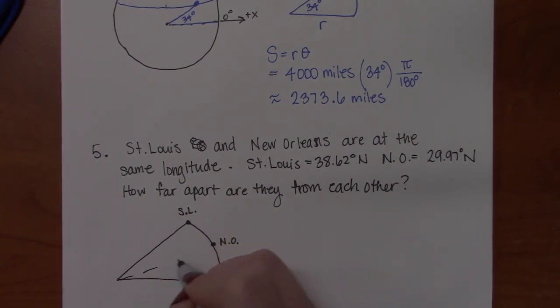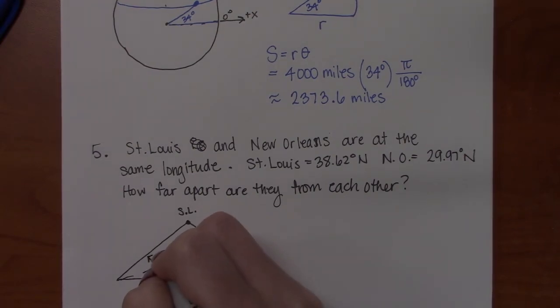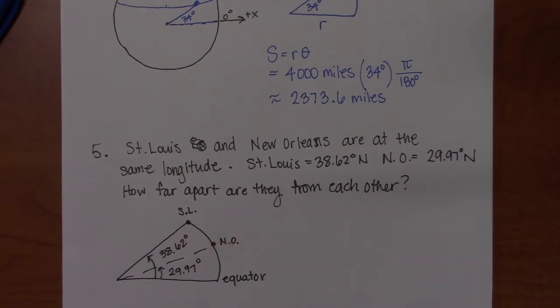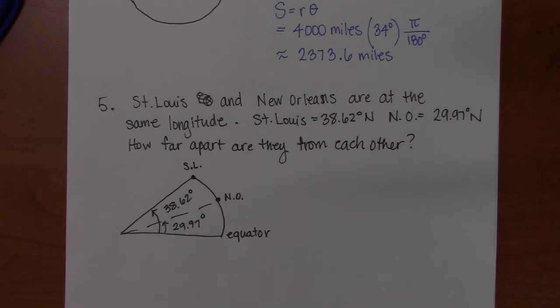So what we're saying is the angle to here is 29.97, and the angle all the way to here is 38.62. Right, so the arc length in this case is the longitude line, and they're on the same longitude, but you got to go further north to get to St. Louis from New Orleans. So does anybody have an idea of what we probably have to do to find the distance between them?